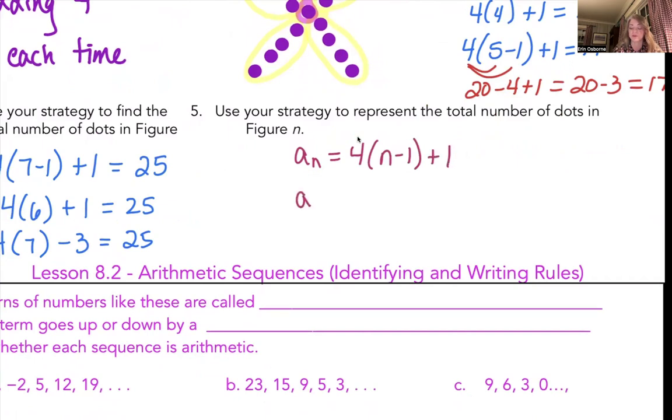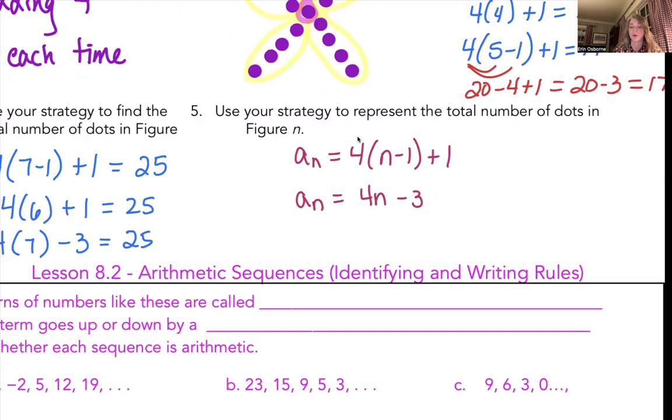And again, if you distributed that and got rid of the parentheses and combined like terms, you automatically end up with 4n, a negative 4 plus 1, but now I'm just going to erase that and put that would be equivalent to minus 3.